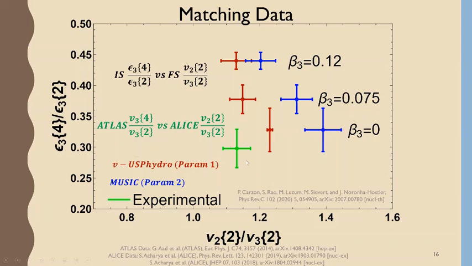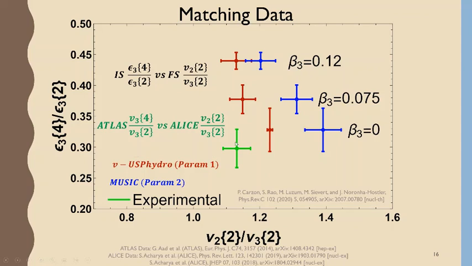And the green point here is experimental data with error bars. One of the caveats here is that Atlas and Alice don't report both of these observables, so we have to mix them together to get this point.